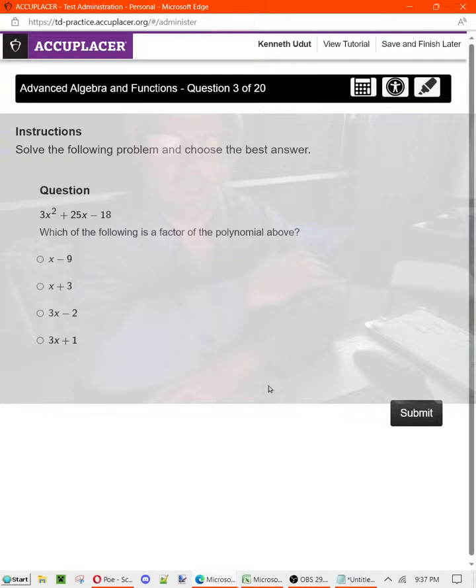So in this case, I can't use the greatest common factor for all of them. Can I?